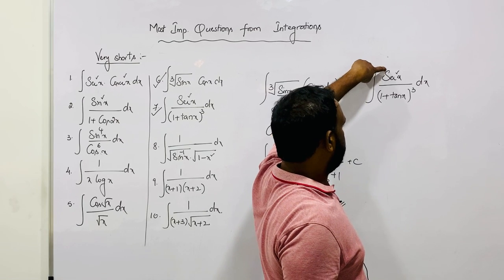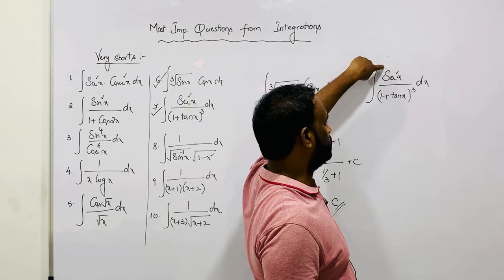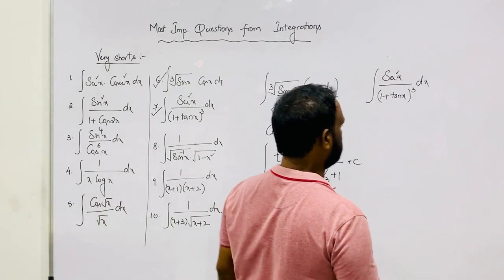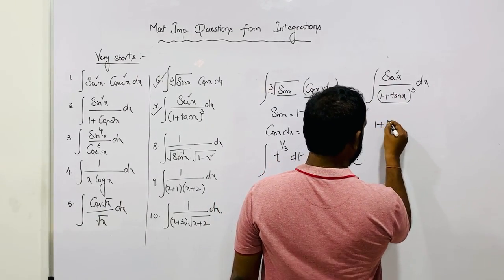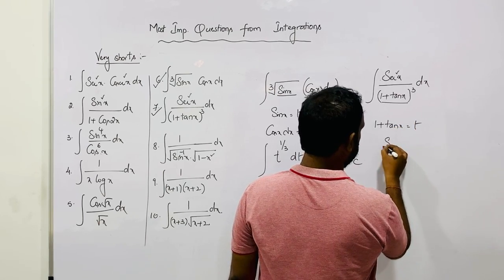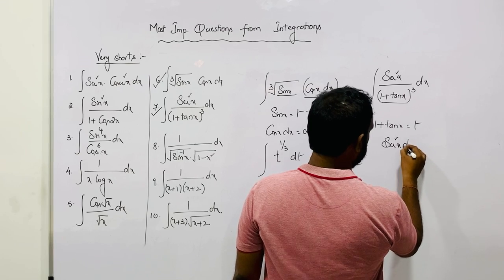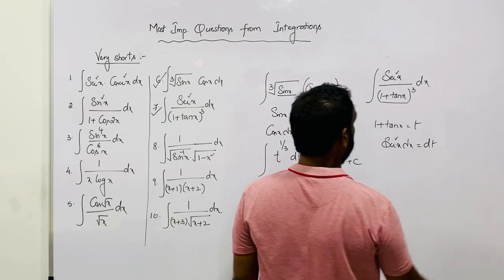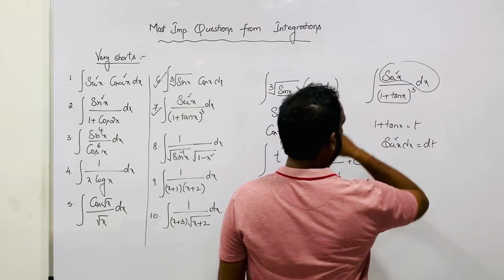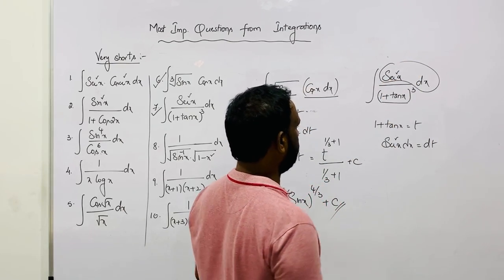The differential of secant square x is not tan x, but the differential of tan x is secant square x dx. Hence, I am considering 1 plus tan x as t. On differentiation, secant square x dx is equal to dt. Hence, this secant square x dx will be removed as dt.